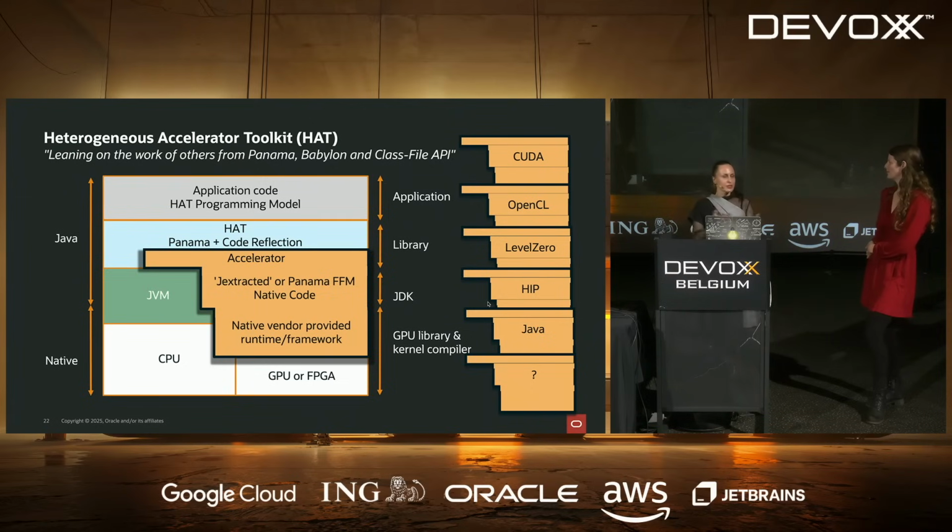Yeah. So it would be good if we can just swap them. These devices that run these different types of native frameworks are called heterogeneous devices, hence why we have the Heterogeneous Accelerator Toolkit. And it's a toolkit because it does a lot of things.